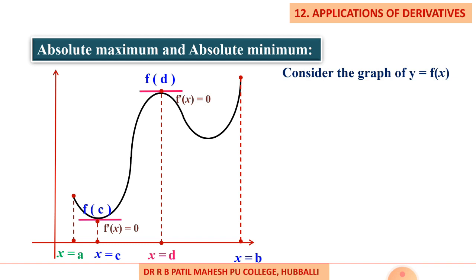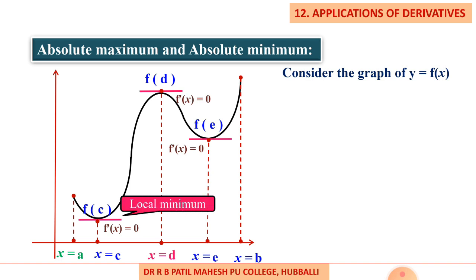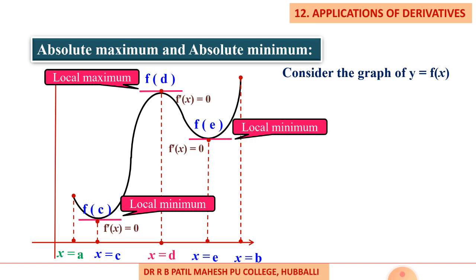Sorry, one more term is there, that is f dash of x equal to 0 at the third critical point, x equal to e. Now in this one, the local minimum value is at x equal to c, and one more local minimum value at x equal to e, and the local maximum value is at x equal to d.